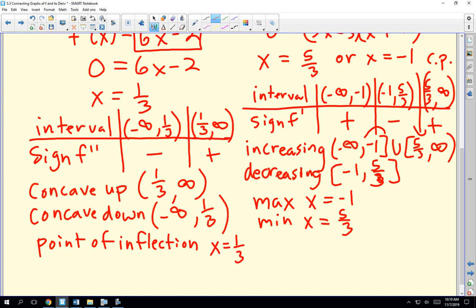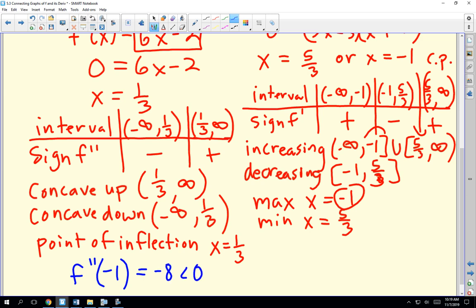Okay? So how could we figure out that -1 right here is the max based on the second derivative test? What the second derivative test says is f double prime, if I test it at -1, so f double prime tested at -1 would be 6 times -1 is -6 minus 2 is, let's see, it's -8, which is less than 0.